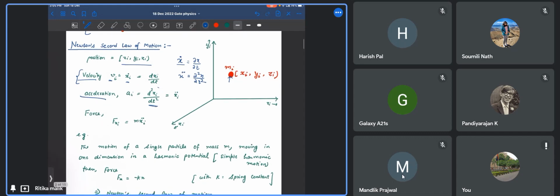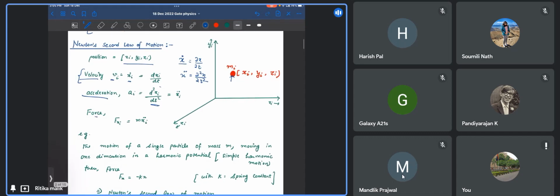Acceleration can be calculated by the rate of change of velocity, dv by dt, which is simply d2x by dt square. From Newton's mechanics we can always write force as F equals ma. Since force is a vector quantity, I have written here the components of it. Generally, force, acceleration and velocity are all vector quantities, so you can write it as the x component of force plus the y component plus the z component.